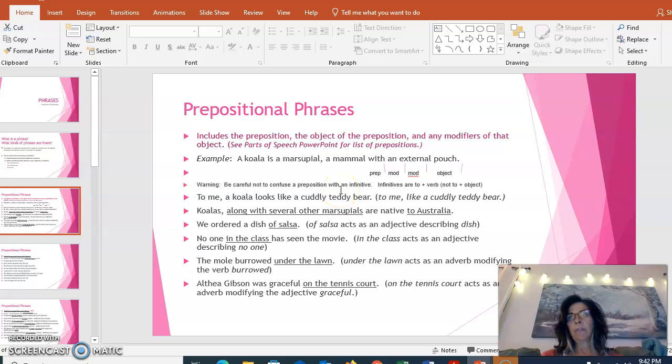So let me just give you first some examples of prepositional phrases. In the kitchen, on the table, under the bed, with my friend, to the store, at noon. So each one of those has a preposition: in, on, under, with, to, at.